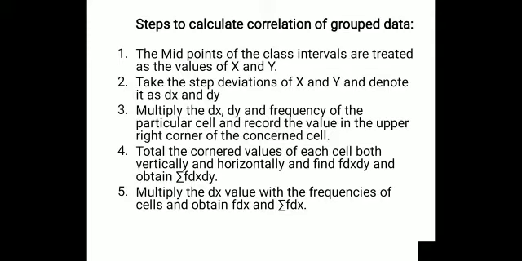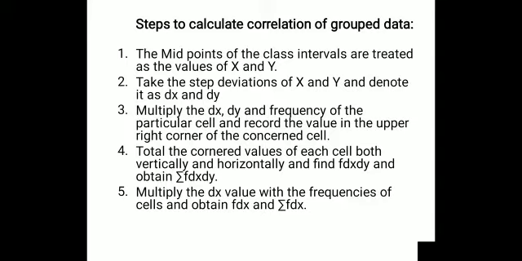Total the concerned values of each cell both vertically and horizontally, and find f dx dy and obtain sigma f dx dy. In the problem I have put these corner values in the form of brackets. We can discuss it later.